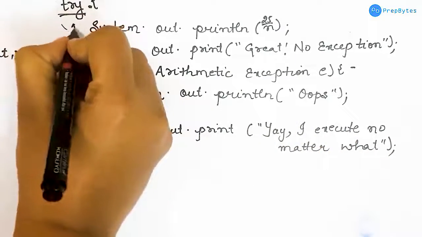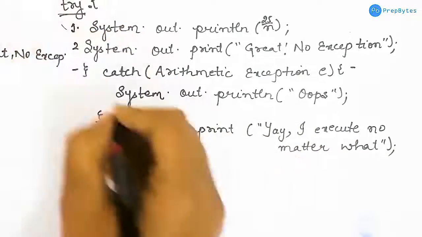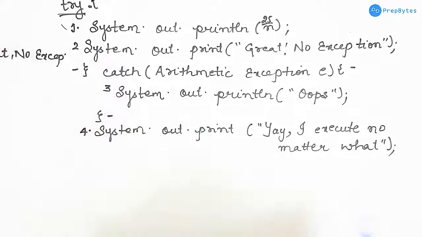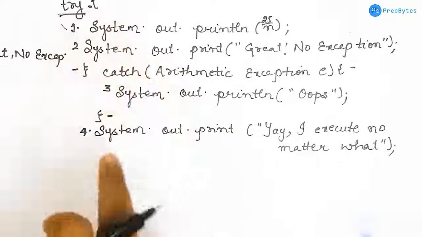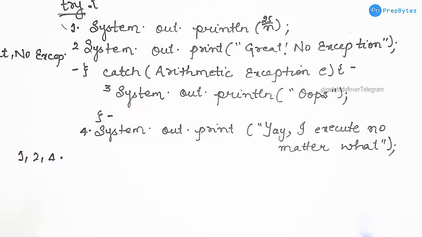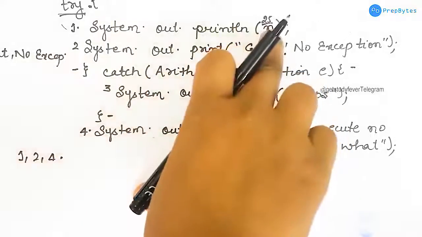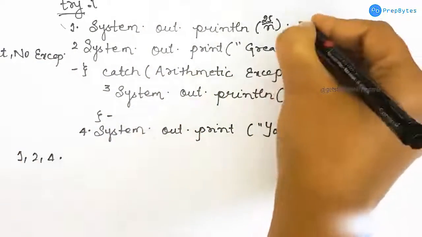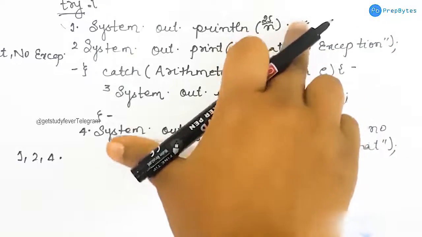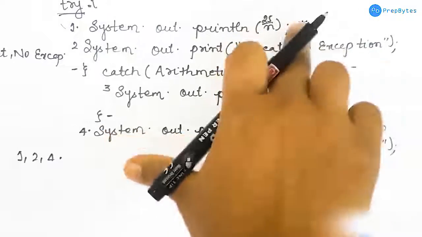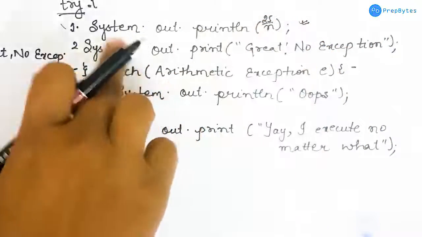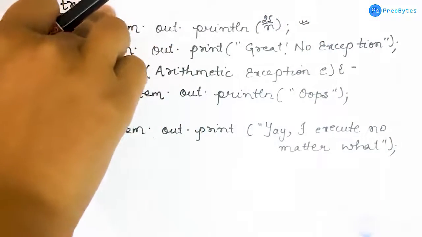So if these are print statements 1, 2, 3 and 4, then in case there is no exception, 1, 2 and 4 get printed. Now let's say an exception occurs, if n is equal to 0, then obviously this statement won't get printed. What happens in a try block is that if an exception occurs in a particular line, then the statements after that line in that try block won't get executed.